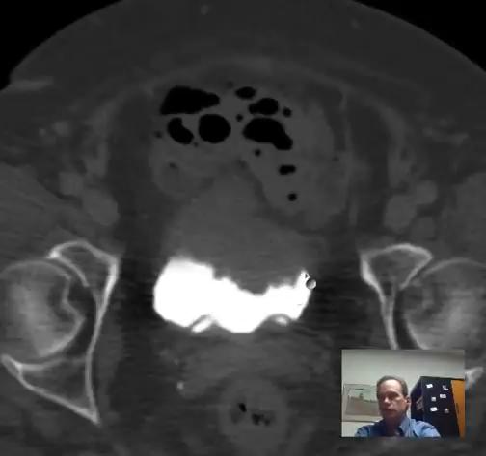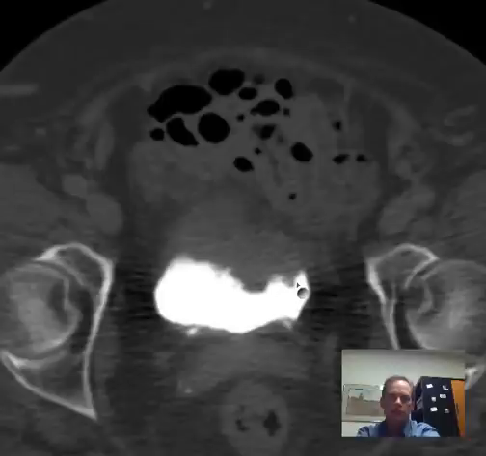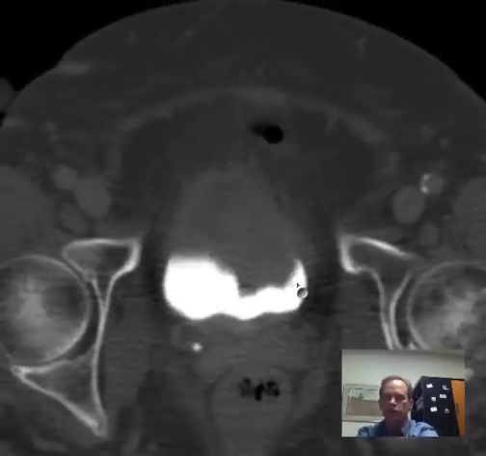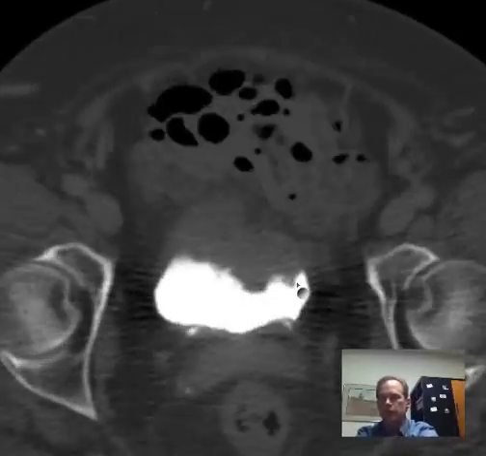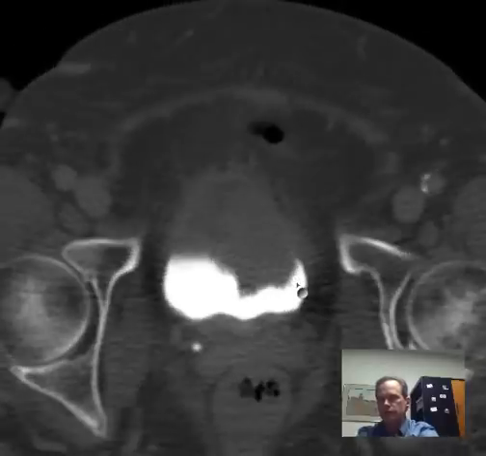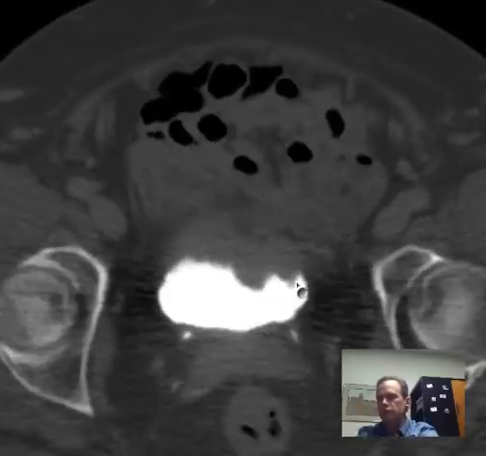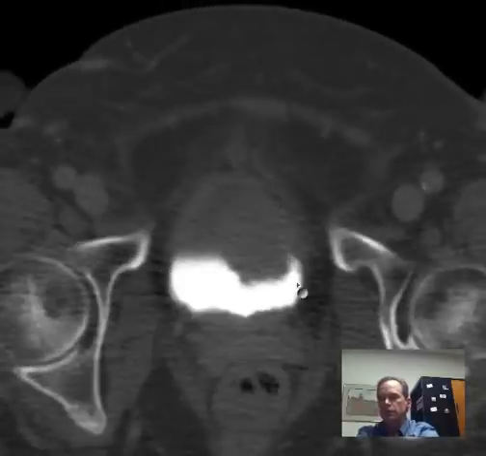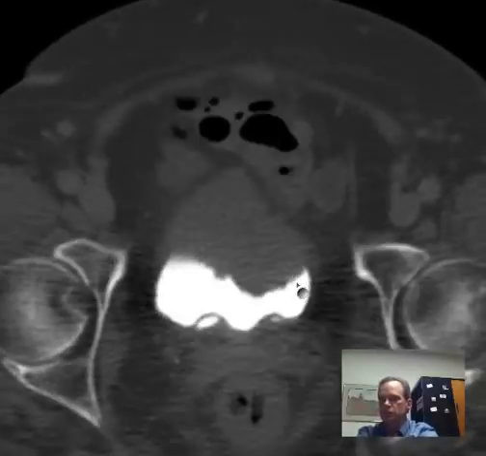But this doesn't look quite right, does it? Because you'd expect it to be layering as a heavier liquid posteriorly with the more simple fluid of urine more anteriorly. But this has an irregular margin, and what you're seeing here is a filling defect. We see filling defects in many areas of radiology, and in the bladder it's very concerning if it is not a stone, and this certainly does not look like a stone, because this is very suspicious for cancer.